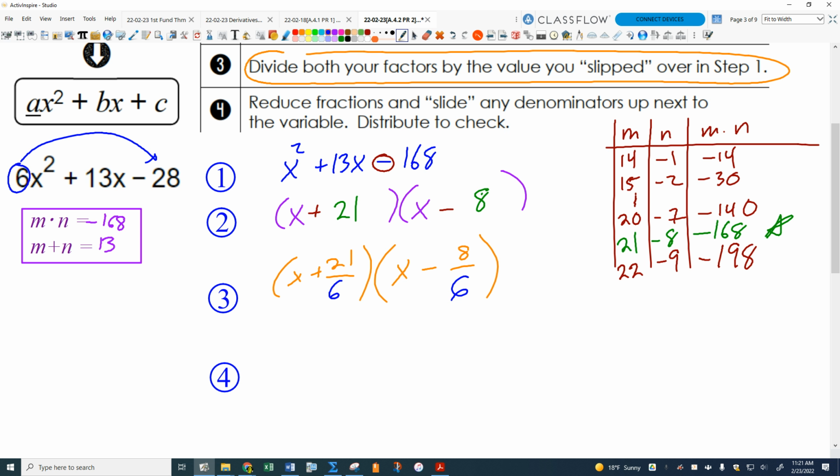Step 4 has 2 parts. We're going to reduce the fractions first of all. So we got to take each of those fractions, and it's possible that we can't reduce them sometimes, right? This time we can.